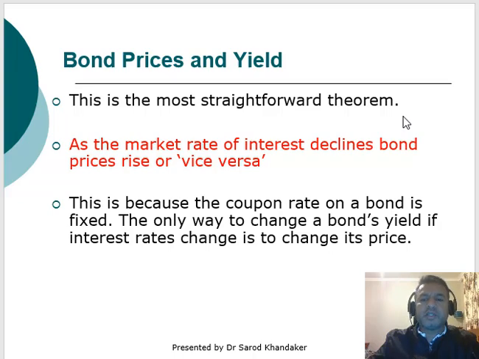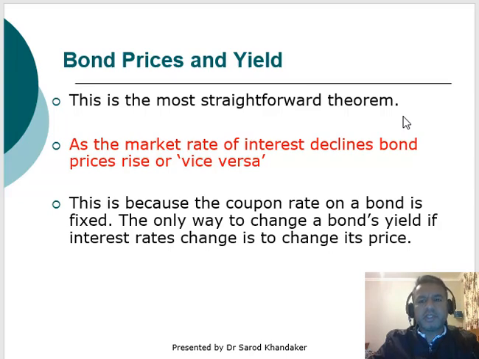So if the interest rate in the market declines, the price of the bond will go up, and if the interest rate in the market goes up, in the same way, the price of the bond will go down. The main reason behind it is that a bond generally pays a fixed interest rate.